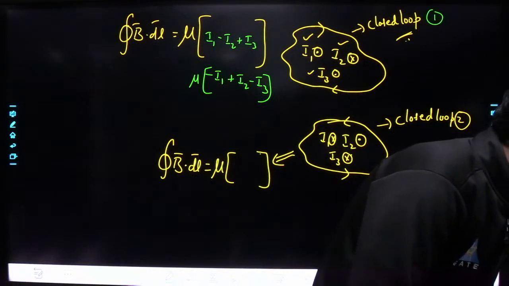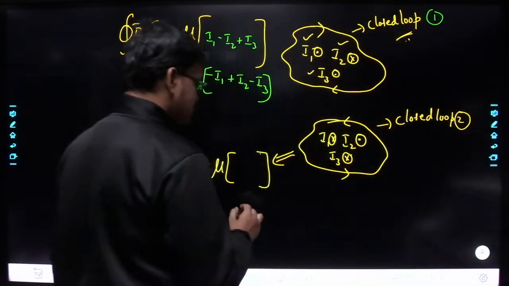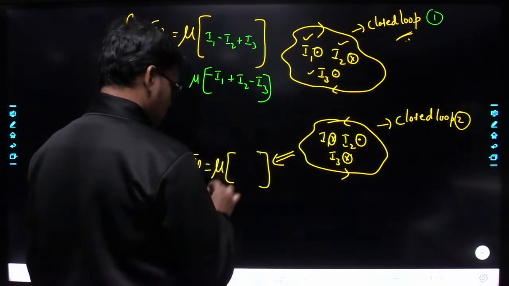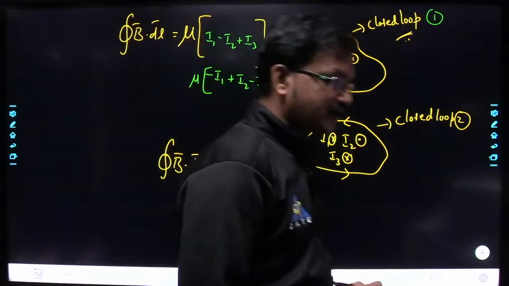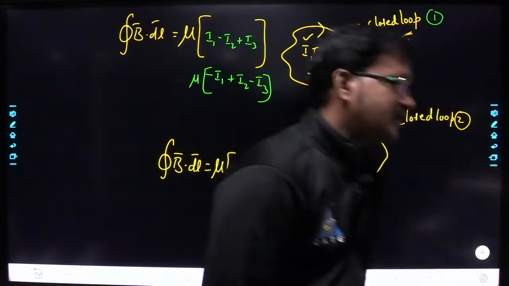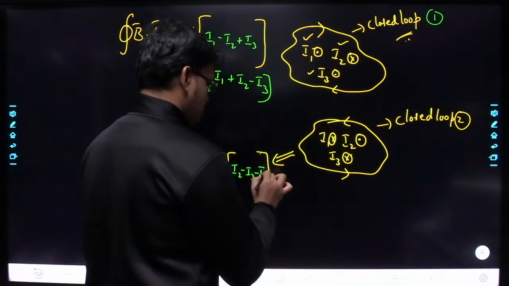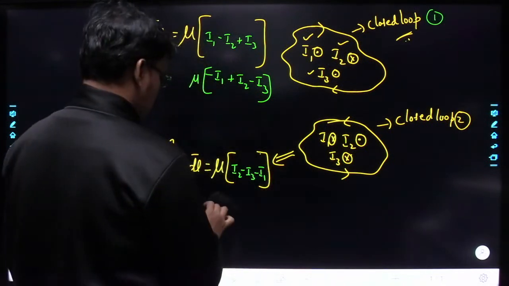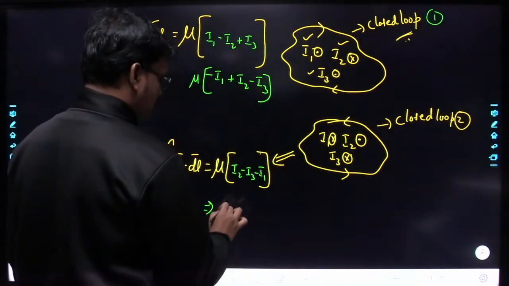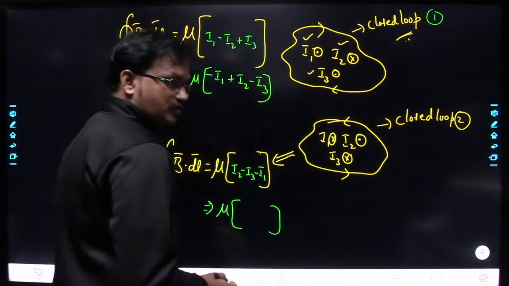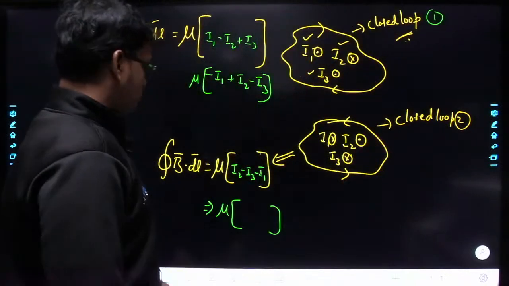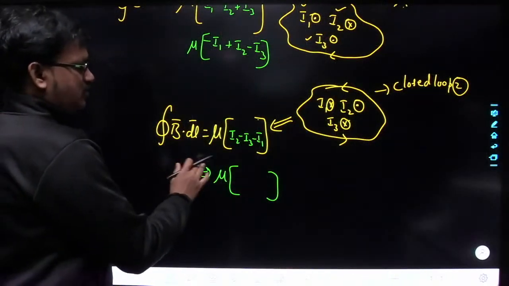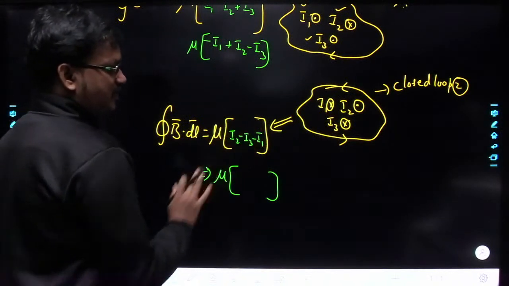Alok Kumar is saying I2 minus I3 minus I1. So this is one answer I got. Parasmoon, what is your answer? Tell me, mu times of. For closed loop 2, I got this answer from Alok Kumar, that is mu into I2 minus I3 minus I1.